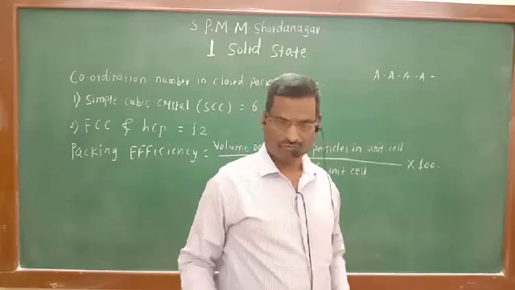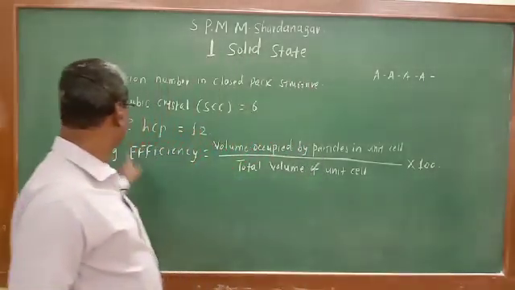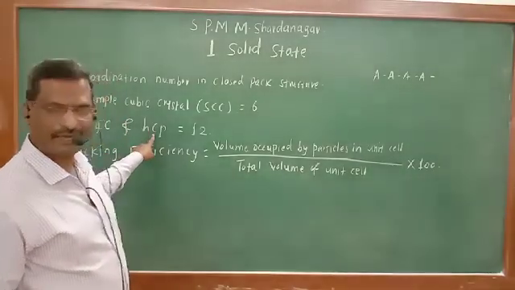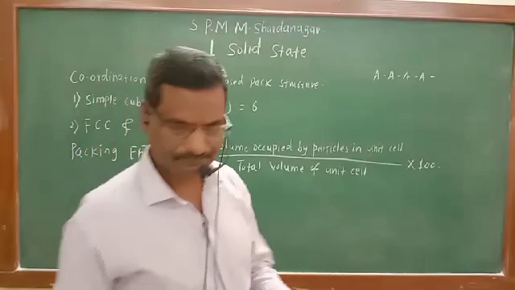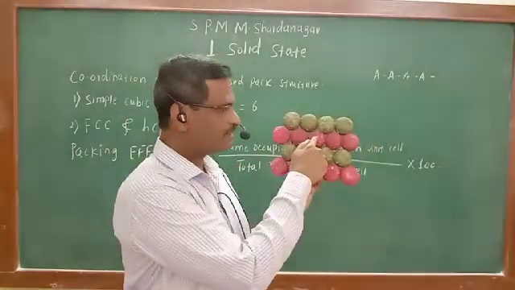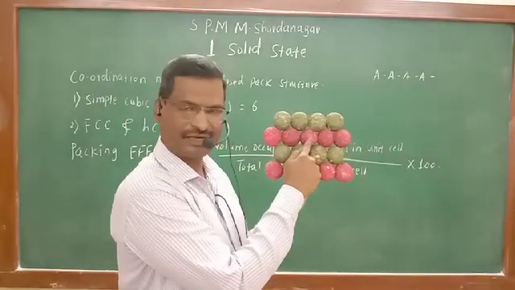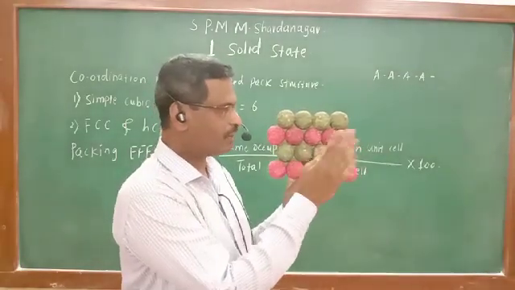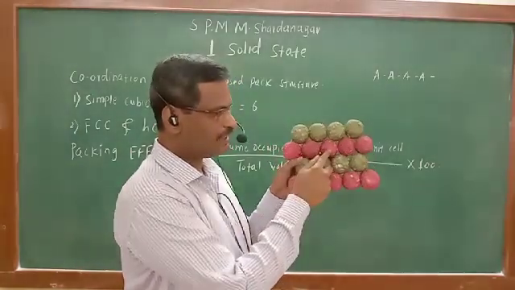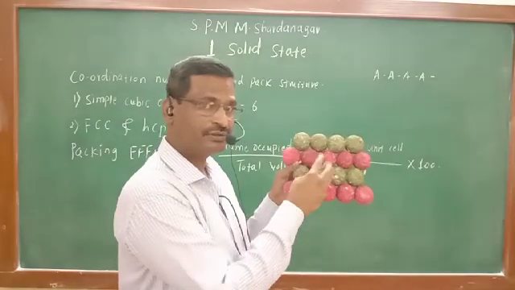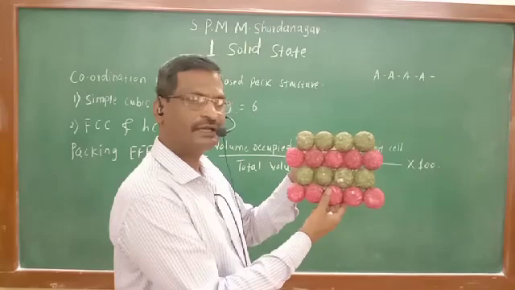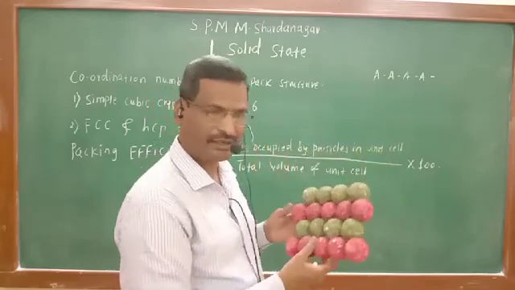Whereas for FCC, face-centered cubic crystal, and hexagonal close packing, what will happen? Here itself the coordination number within the layer is 6. If this is considered the central one, covered from the front side as well as the back side, from the front side it is in touch with 3 particles, and from the back side with 3 more particles.